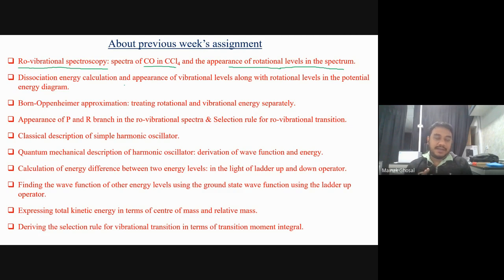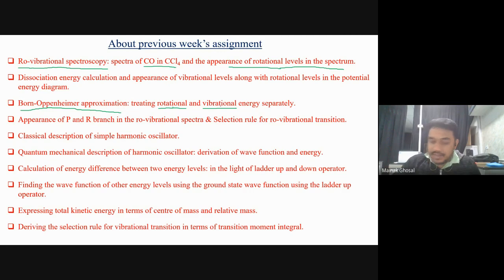That means the vibrational levels are fixed, and the J values, the rotational quantum numbers, were varied. Then it was the turn of the Born-Oppenheimer approximation. Whenever rotational and vibrational motions happen together, you can treat the rotational and vibrational energy separately.